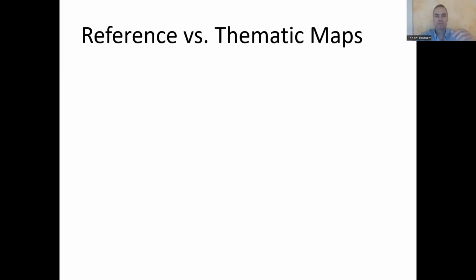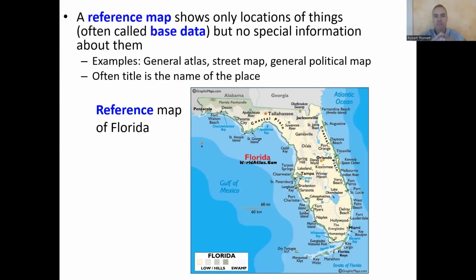Let's start with reference versus thematic maps. A reference map is sort of like a reference book. If you open a reference book, like a dictionary or a thesaurus, you're not looking for stories and special angles on things. You're just looking for the basic data. In geography and cartography, we call it base data, the basic locations of things.